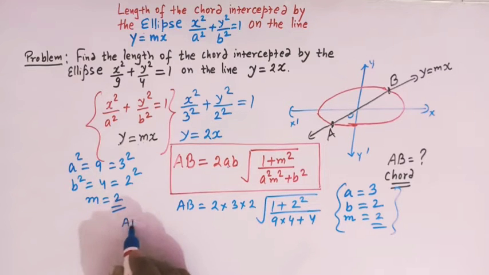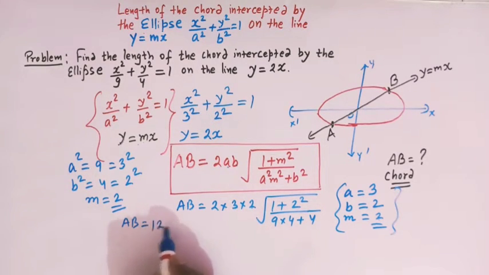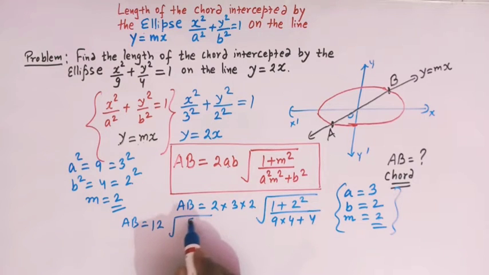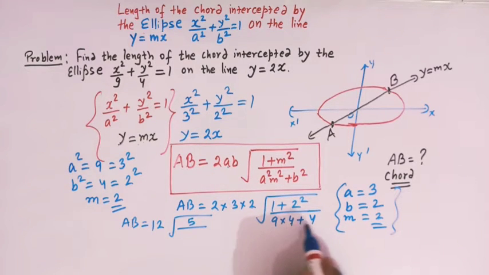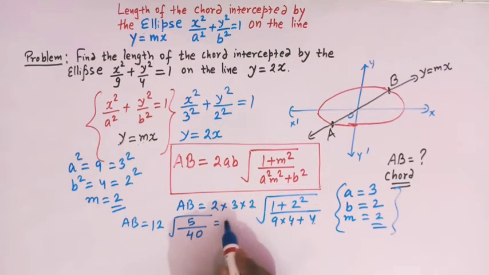So now AB is equal to, this is 4 3s are 12, and here we have 2² is 4, 4 + 1 is 5, and here we have 36 + 4, that is 40, right? And this is 12 times, and here we have 1 over 8, right?